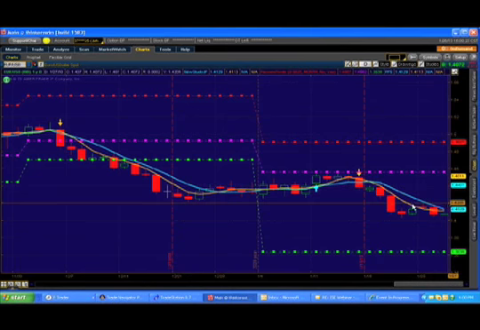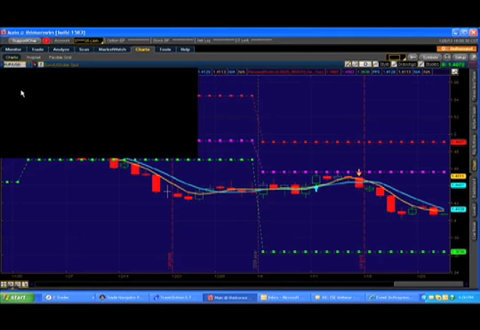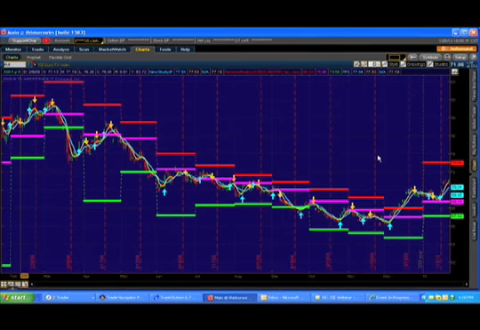Because if I go over here and I switch over to the ISE Euro Index, here's what you're looking at. You're looking at a mirrored reflection of the euro currency versus the dollar. You're looking at the dollar-denominated euro currency. So the euro index with the ISE is going to do the opposite of what the spot euro currency will show you.